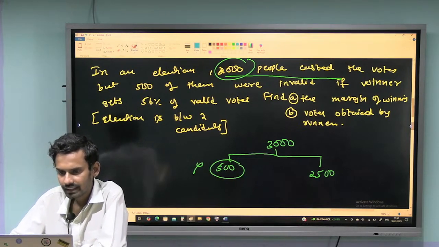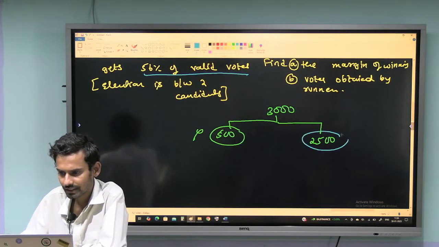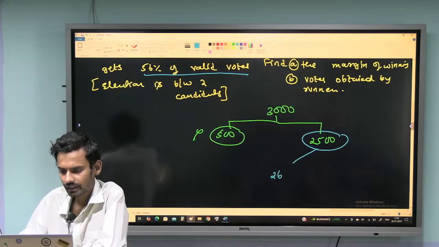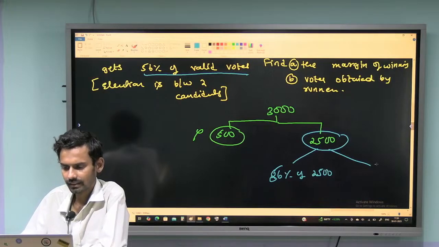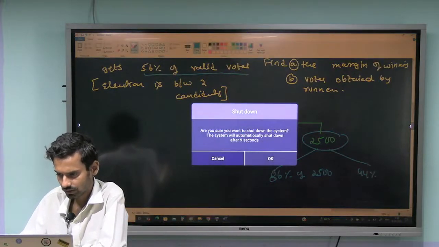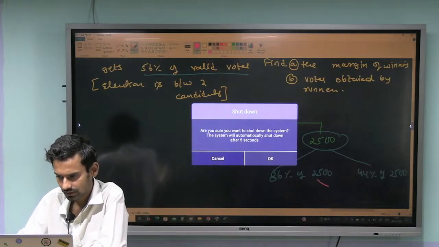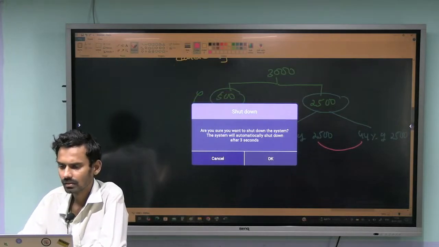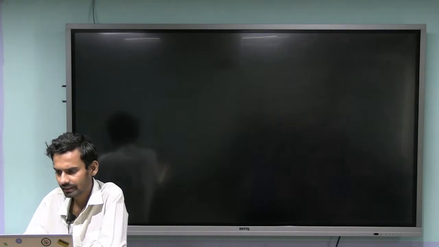Now the winner is getting 56% of valid votes. So 56% of what? 56% of 2500. The runner-up will be getting the remaining, that is 44% of 2500, and the margin of winning is this much, that is, here 6, here 6, is it 12% of 2500?